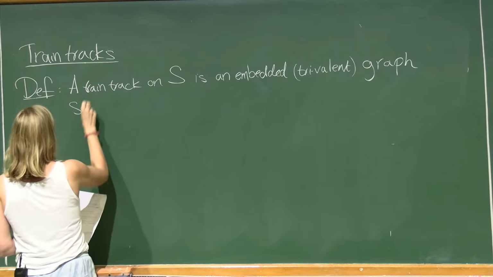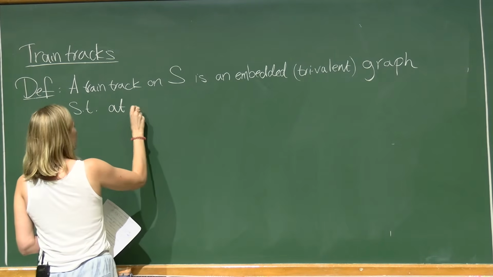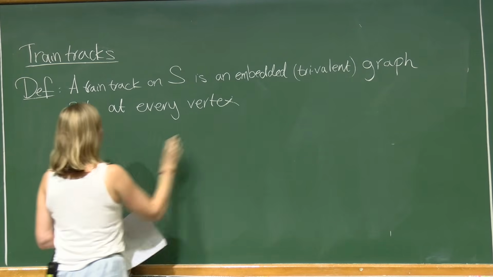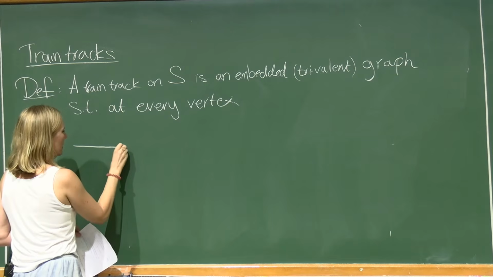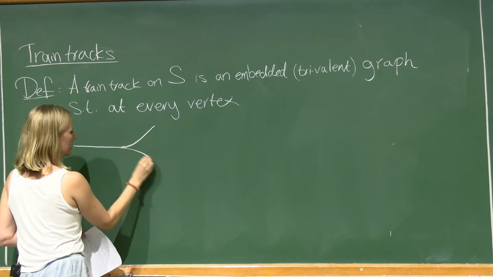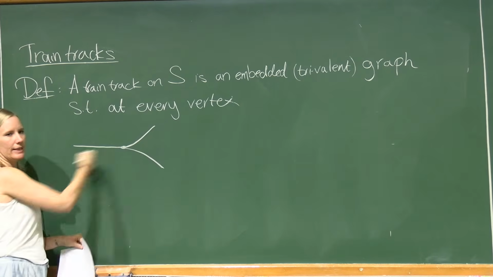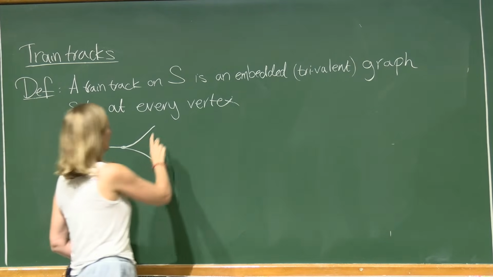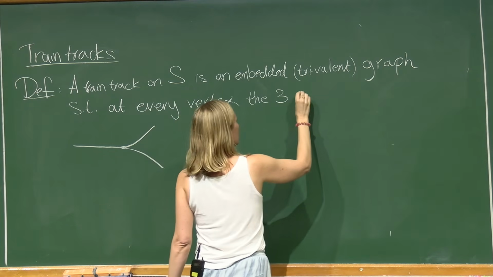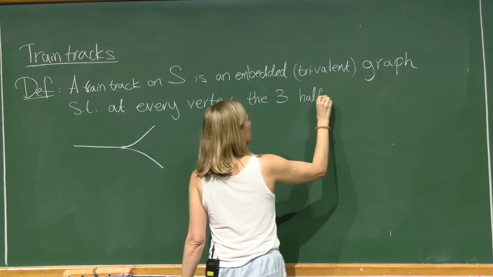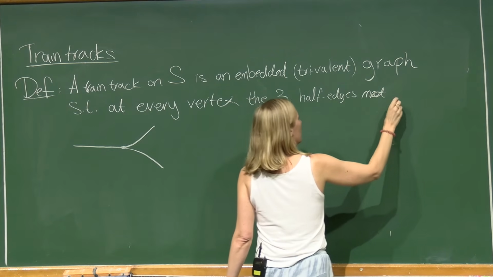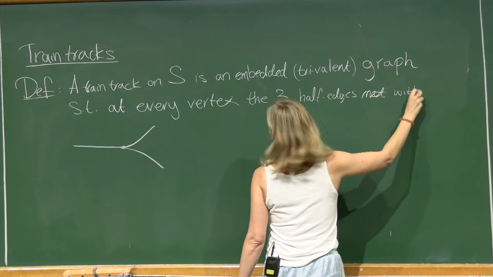But I want the 3 half edges to meet smoothly, such that at every vertex, the 3 half edges meet with the same tangent line.